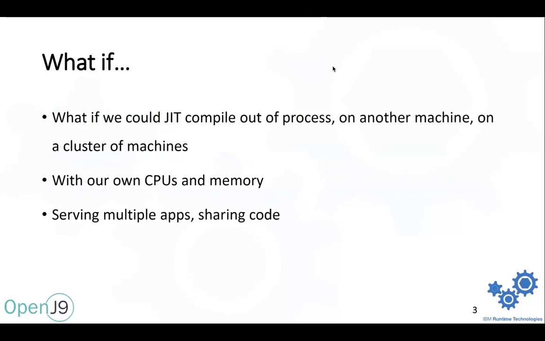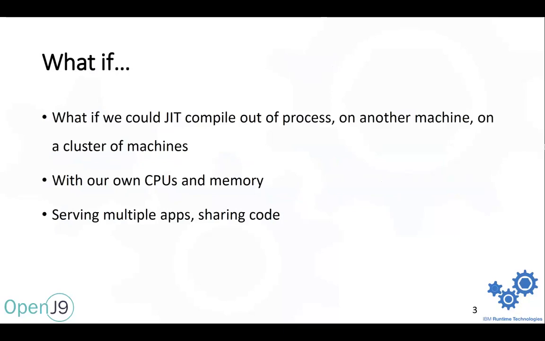It's a way to decouple the compiler from the rest of the JVM and have it operate independently as, quote-unquote, a service. And that way the application doesn't have to know what kind of compiler it's dealing with. It doesn't have to know how many threads the compiler is consuming. It doesn't have to know how many compilers it's dealing with.